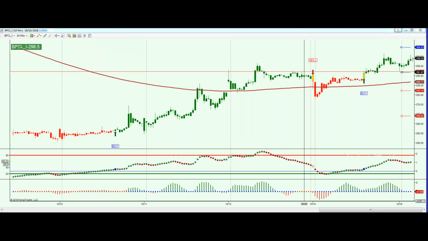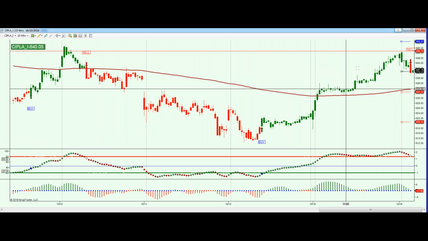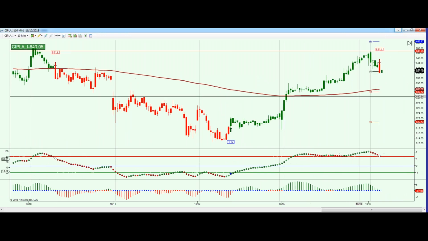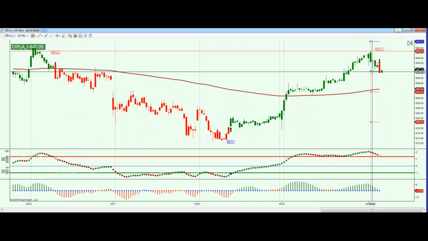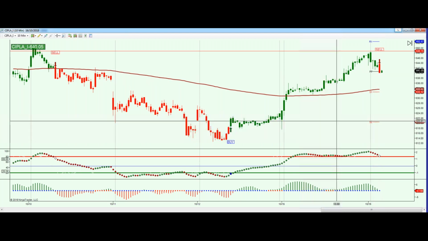And I have a call in Cipla. You can see that in Cipla we have made a loss. This is your stop loss and your entry is here, at 639. So that's a fresh call.